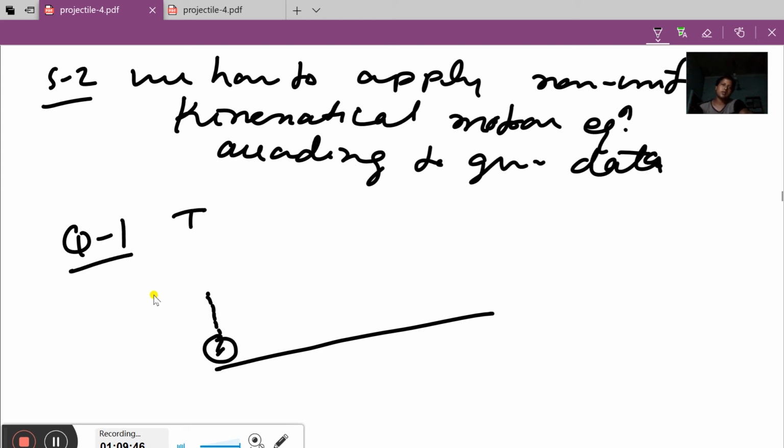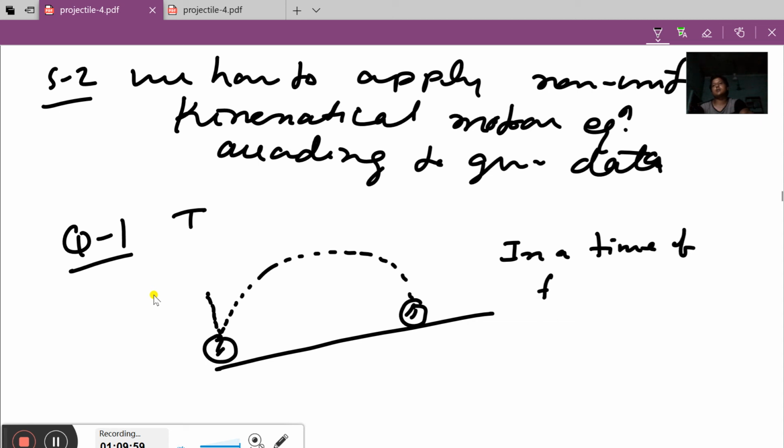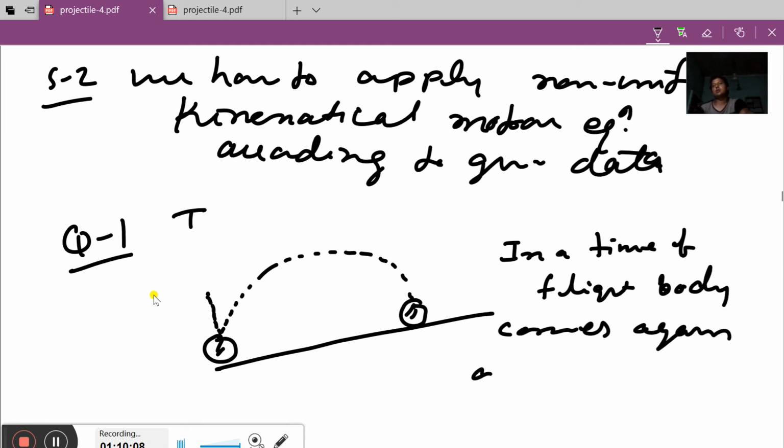What is time of flight? In a time of flight, the body comes again on the plane.